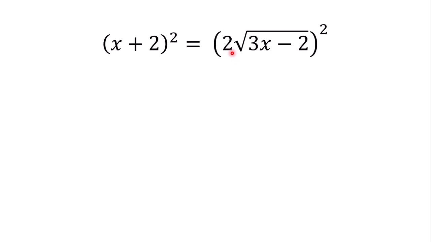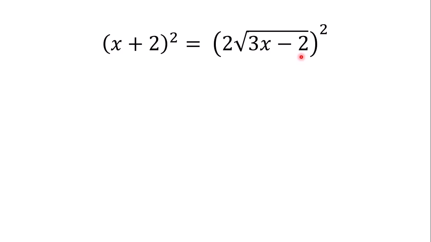So you will square this one alone and also square this one alone. Whatever you get at the end of the day, you multiply it. Okay, so actually this is how it's going to be. When you square this, you're going to get what? 4. So 4 times, now square root of 3x minus 2 squared is what? This one will cancel out with this square root sign, and give us what? 3x minus 2.